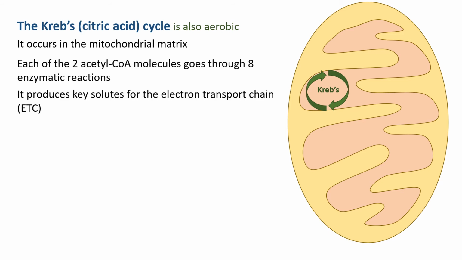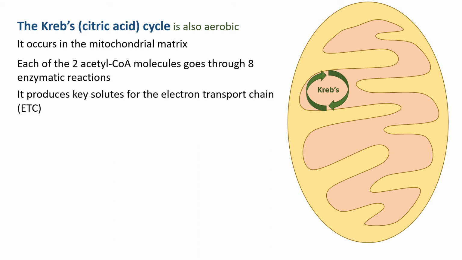Each of the 2 acetyl-CoA molecules goes through 8 enzymatic reactions. And you will see in your textbooks lots of complex circular drawings with arrows and lots of enzymes and all the rest of it. For this module, you don't need to know that. It's really not that important.